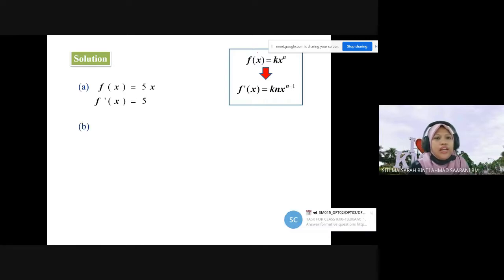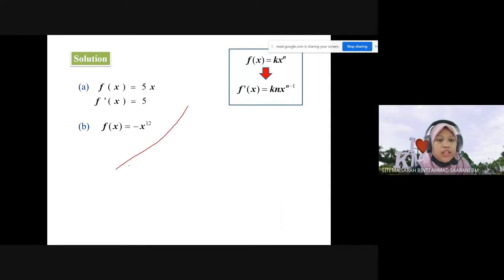Okay, then f(x) equals negative x to the power 12. Okay, copy the negative, bring the 12 to the front.